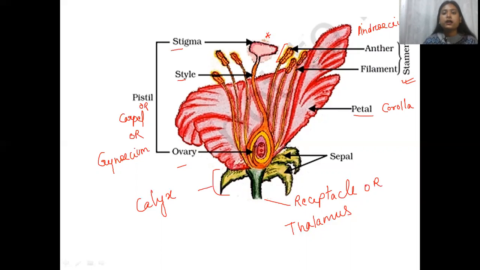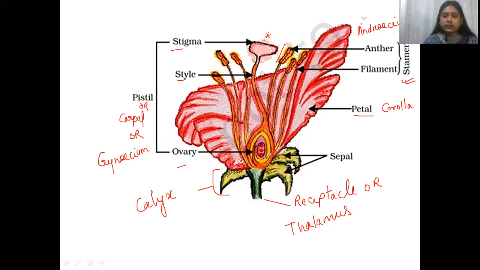Okay, sexual reproduction is about fusion of gametes, and the male gamete and female gamete fuse together. Okay, that process is known as fertilization, and after that there is the formation of embryo. So from this anther, there will be the production of pollen grain, which will further produce male gametes.